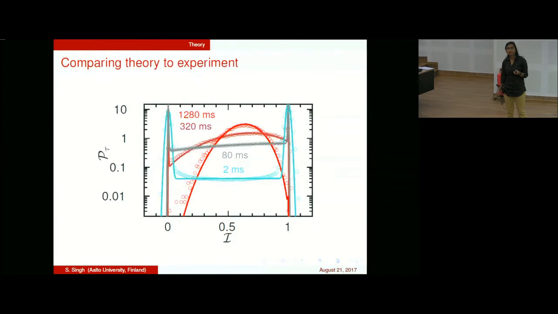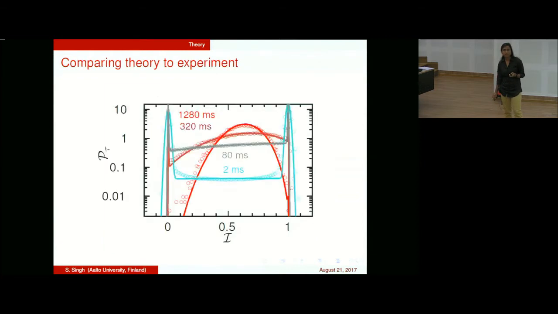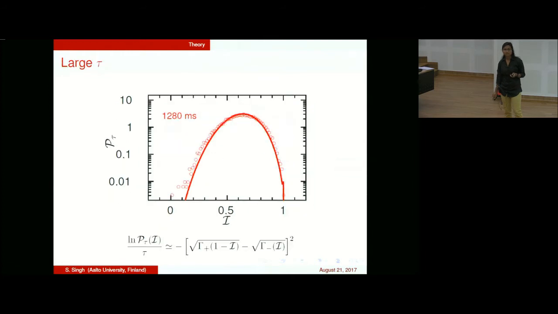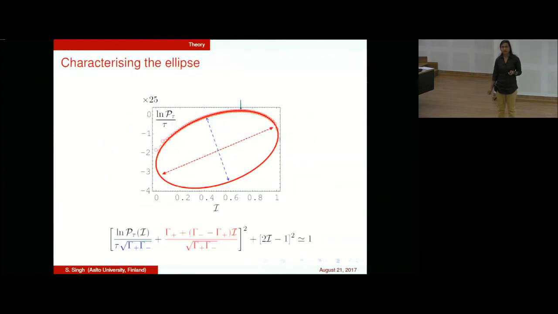So at this point, I would like to say something about these ellipses, like what are the parameters defining the tilt and the width of the ellipse. I just rearranged the terms in this equation to put it in terms of the ellipse equation, and now we have the nice equation for an ellipse: (y minus y0) divided by b squared plus (x minus x0) divided by a squared is equal to 1.